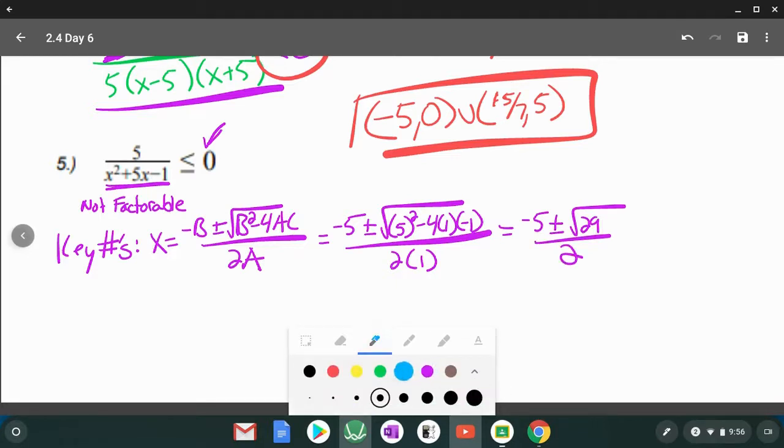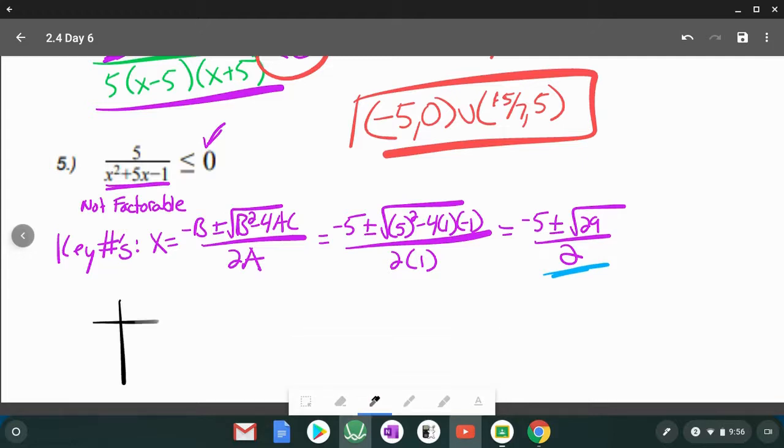Now again, if you're allowed a calculator, you could plug that in and you could just look. And you have to use the exact value right here that we're going to use for your intervals. So when we make our table, we'll go ahead and write that. But please do not use a decimal unless it says to round.